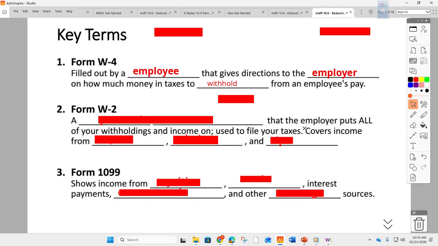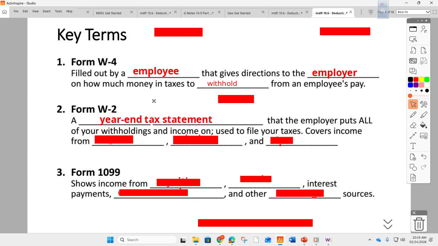Form W-2. If you have a job where you're not working for a family member that pays you cash, everybody receives this Form W-2, which is a year-end tax statement. They are legally required to give it to you by a certain date the following year. So right now we're all getting ready to do taxes for our 2025 income.